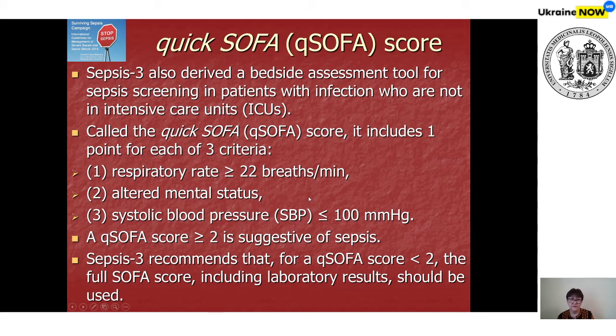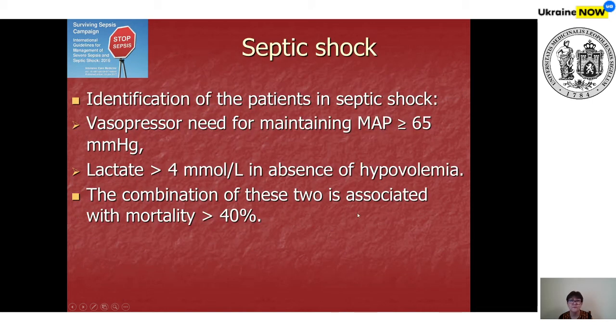A Quick-SOFA score of 2 or more is suggestive of sepsis. Sepsis 3 recommends that for a Quick-SOFA score less than 2, the full SOFA score, including laboratory results, should be used.